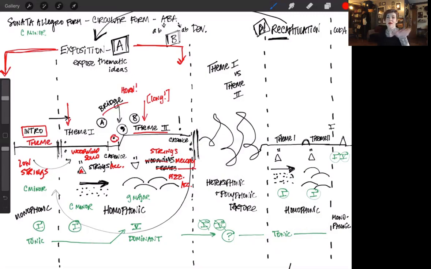That idea is being passed to the woodwind. We're making our final moves as a cadence. That's going to push us back to the introduction. So we're here.